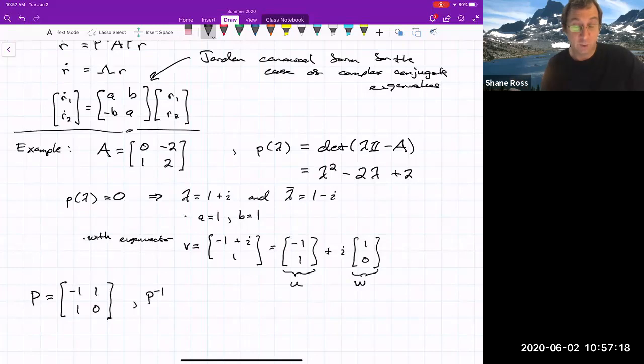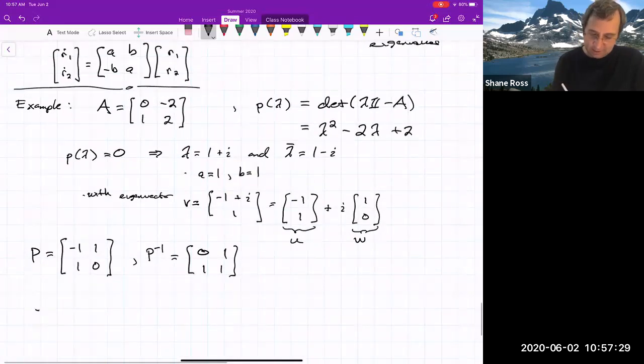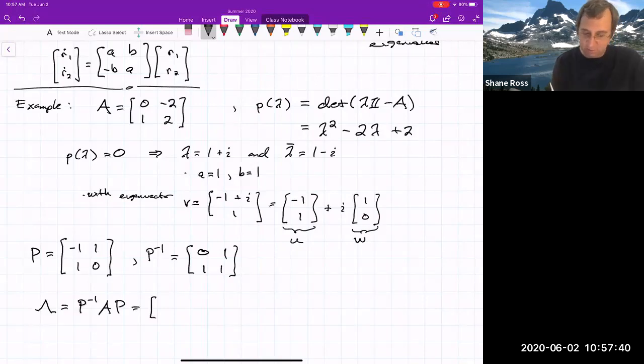You could use the formula for how to write the inverse of a 2 by 2 matrix, and you'll get that. So then lambda, we already know what lambda is going to be, but if you did the matrix multiplication, P inverse A P, what you would find is it's a, b, minus b, a, 1, 1, minus 1, 1.